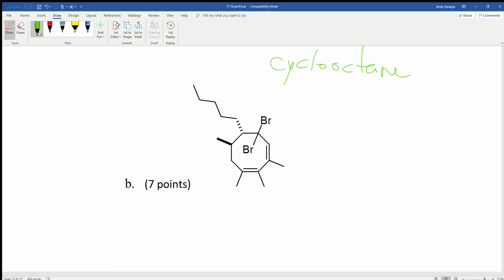In terms of where we're going to number this, we're going to start on one of the double bond carbons. And that gives us 4 possibilities, which I've highlighted here in yellow. Now we need to choose the one that will have a substituent at that position, because we want to start at carbon 1 with the alkene.